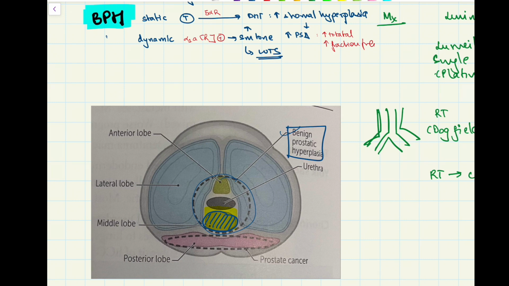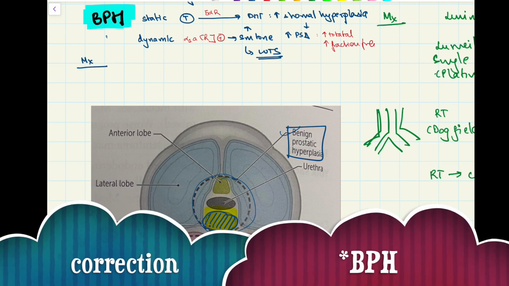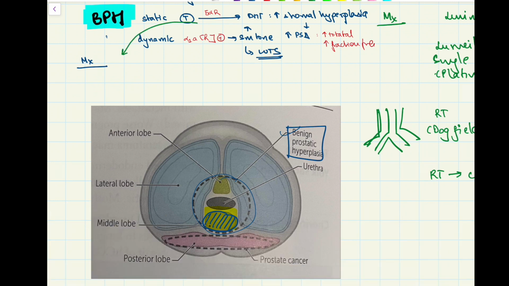Hence, for the management of BPH, what we can do is we can give either 5-alpha reductase inhibitors or alpha-1 receptor inhibitors. The 5-alpha reductase inhibitor is finasteride, while alpha-1 receptor inhibitors are tamsulosin and terazosin, right?